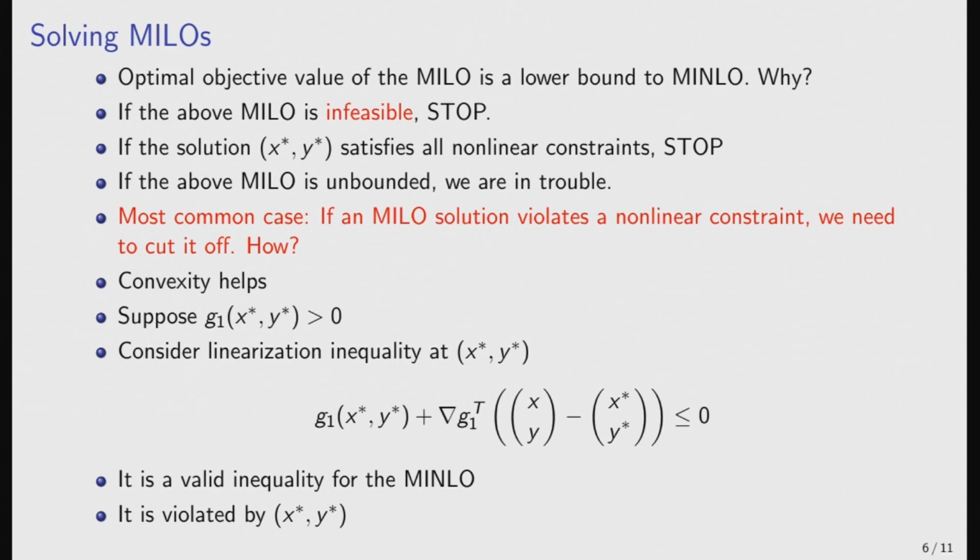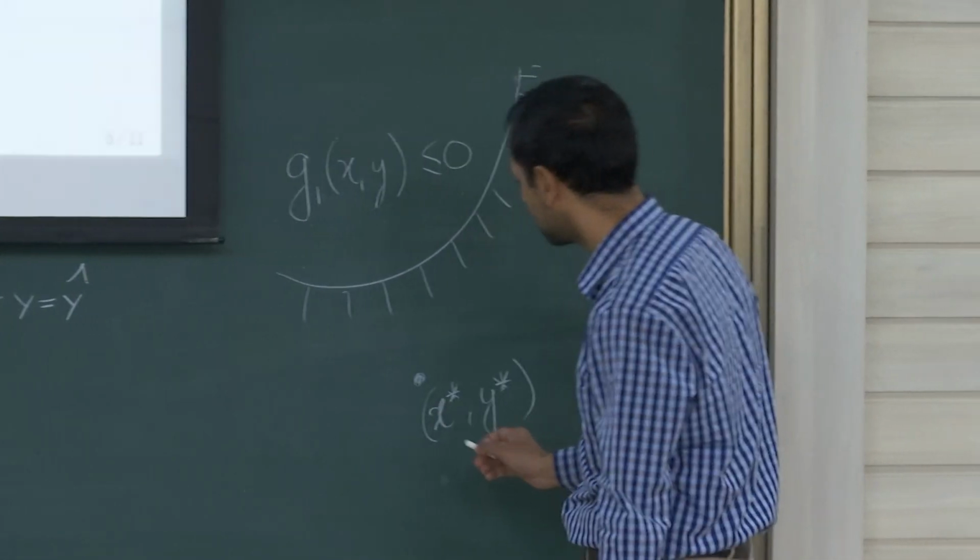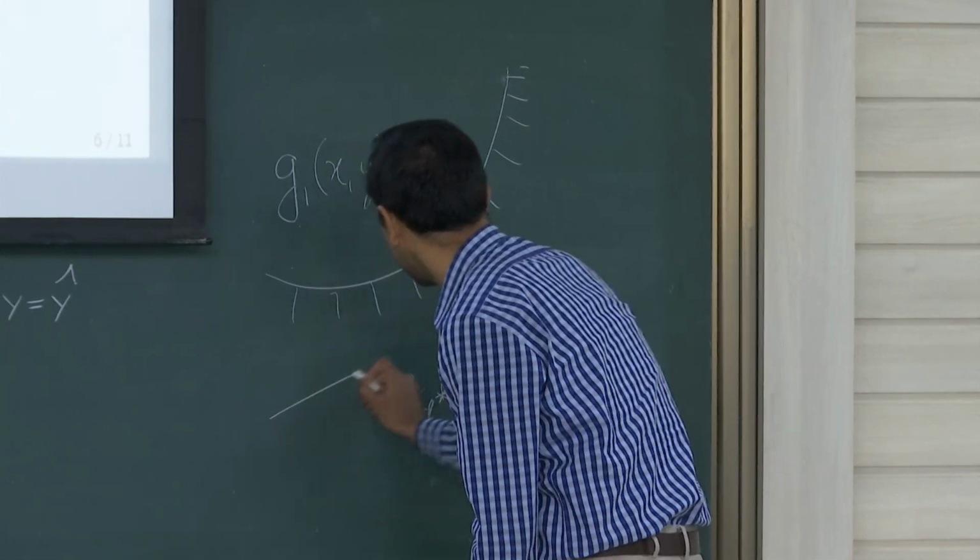So there is a contradiction, which means that this x star, y star is not satisfying this inequality. In my picture, if I add this linearization inequality, I get a constraint like this.